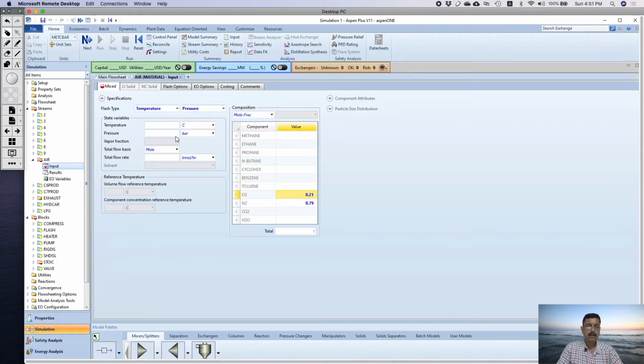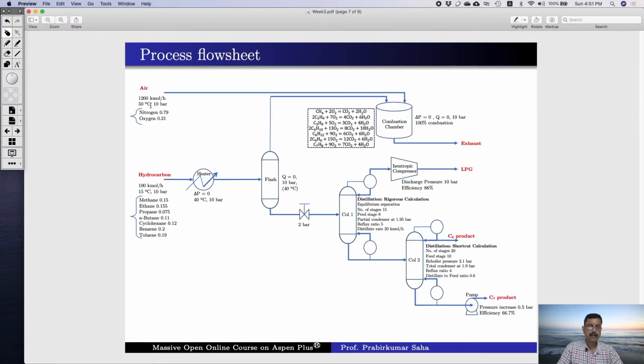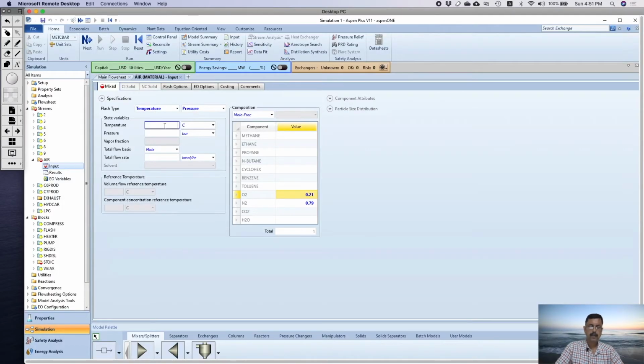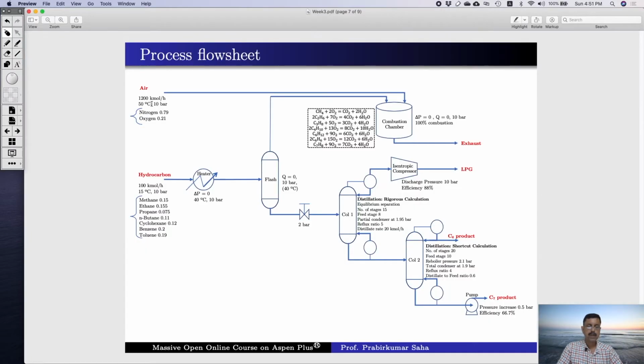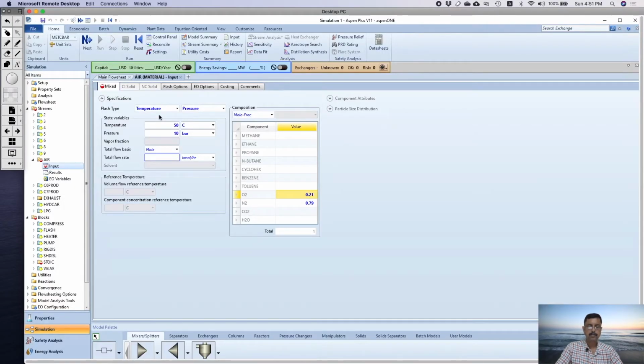Temperature is 50 degrees centigrade, and the pressure is 10 bar again, and molar flow rate is 1200. Okay, so this is mixed, fine.